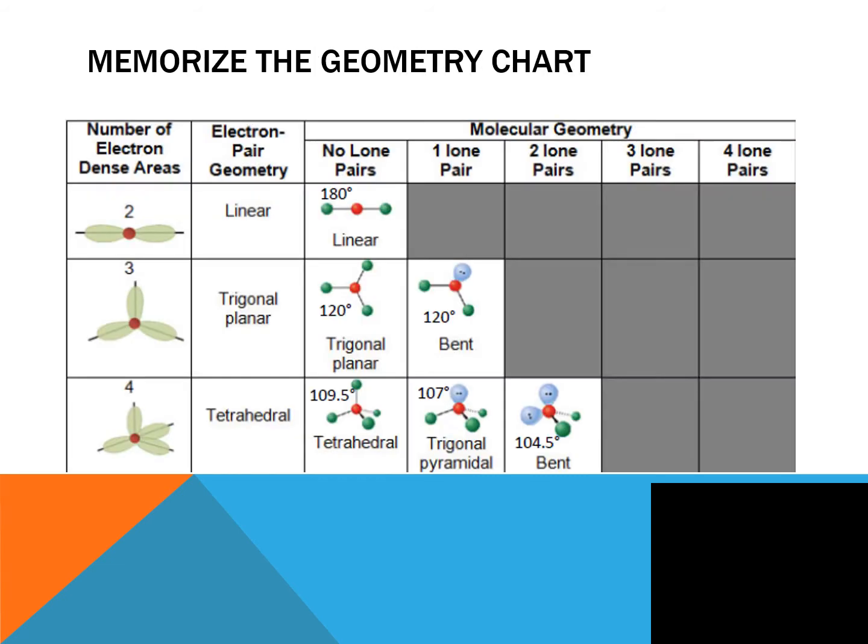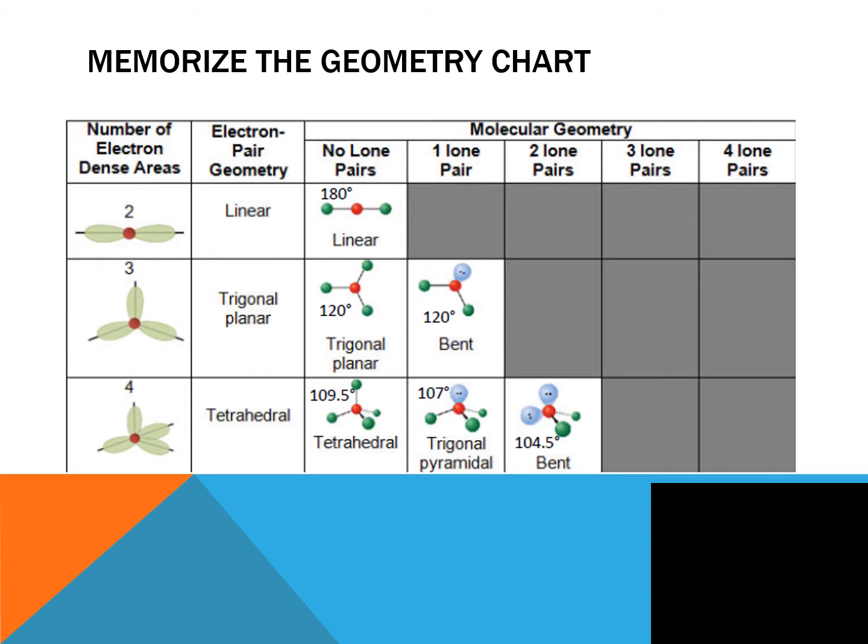So this is your geometry chart. It helps you memorize, or helps you identify the shape and the bond angle. You won't be able to use this on the ACE exam, so it's nice to have it memorized.